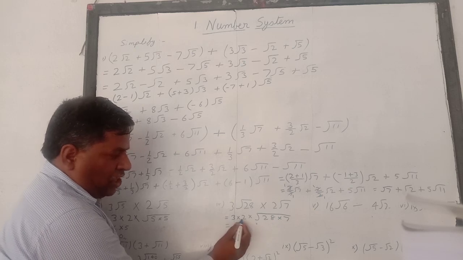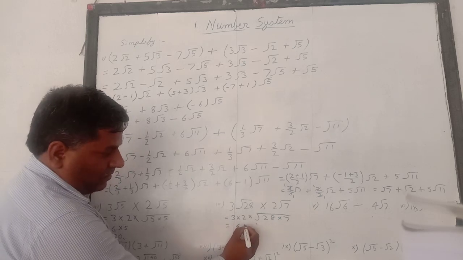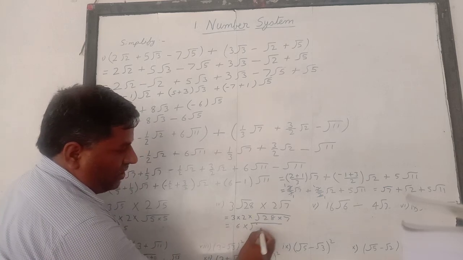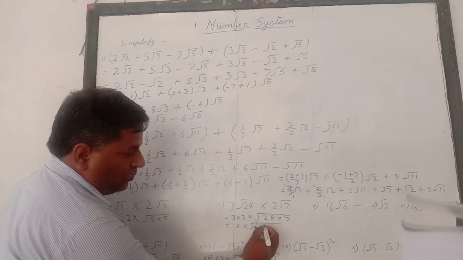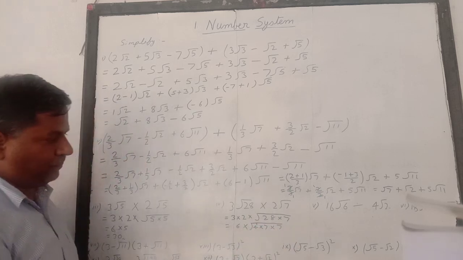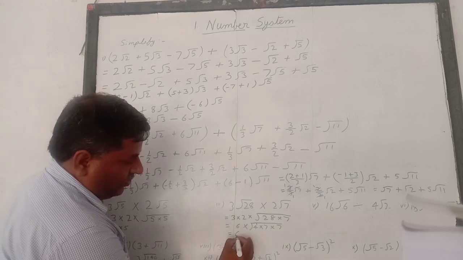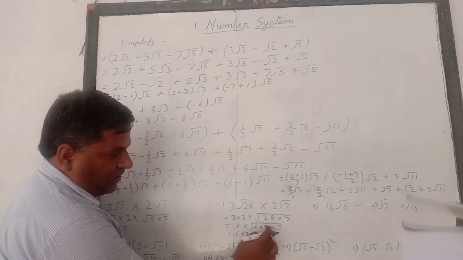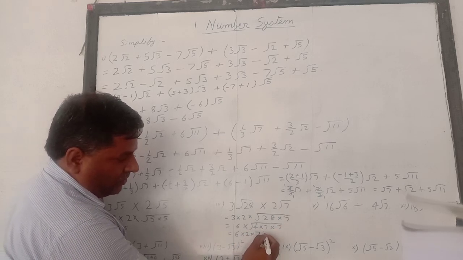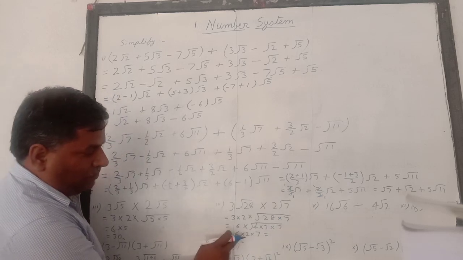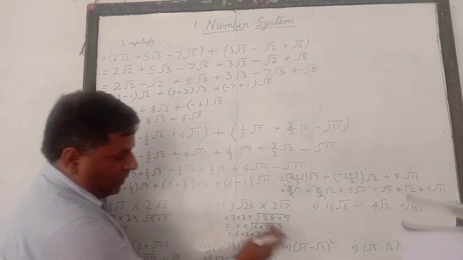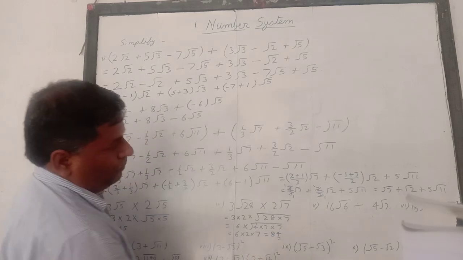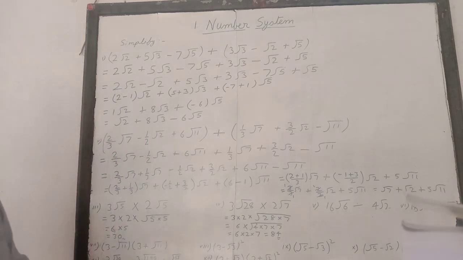Next 3 into 2 is 6, and it is multiplication, and then root 28, so we can write 4 into 7 into 7. Now it's very clear, 6 into, we know that the square root of 4 is 2, and 7 into 7, again the square root will be 7. So now we can multiply this, 6 into 2 is 12, and 12 into 7 is 84. So the answer is 84. In the same way we can divide also.